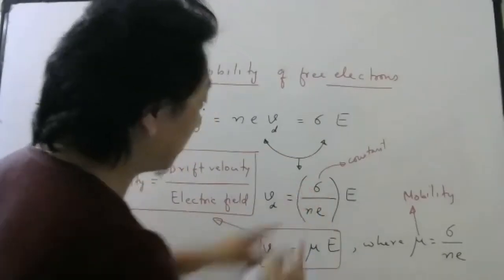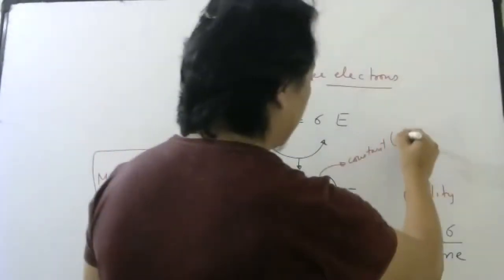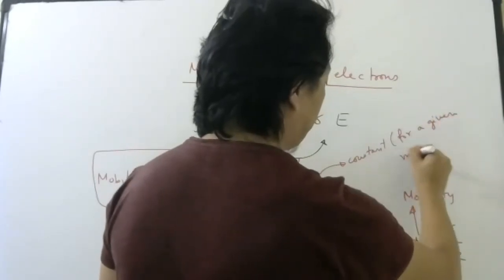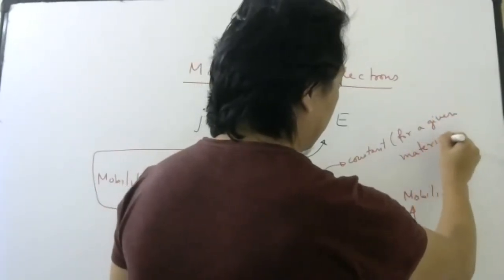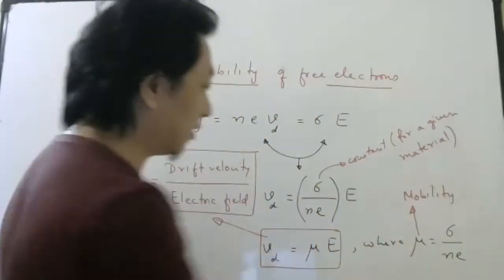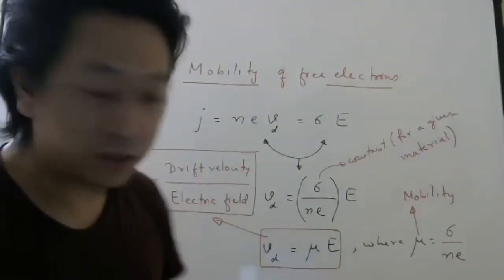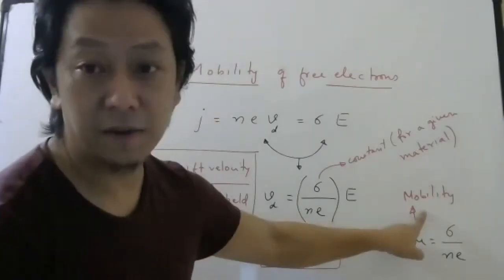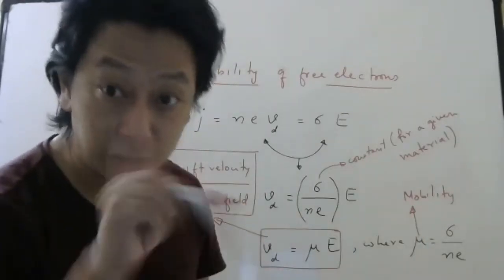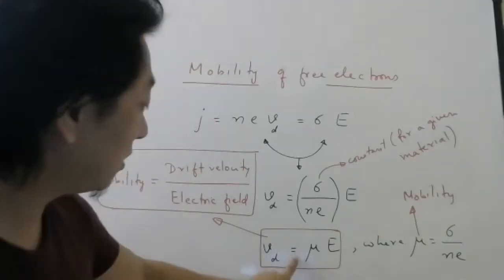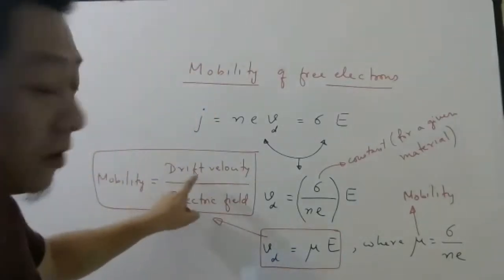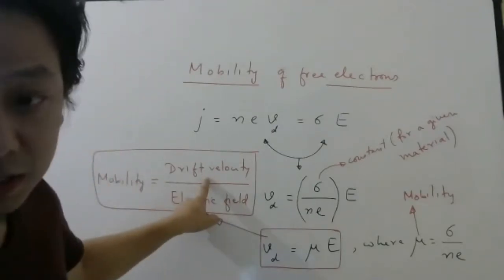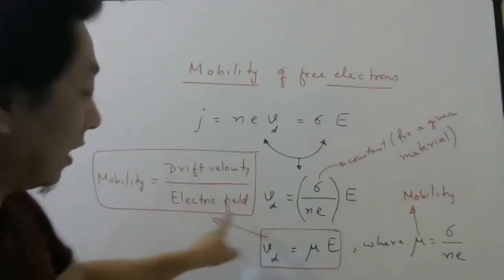Whatever you get here is a constant for a given material. For a given material, conductivity is constant, number density is constant, so this will be constant. That constant is what we call mobility. For 1 mark, if they ask you to define in board exam, then use this formula. In exam you should write, it is the ratio of drift velocity to electric field.